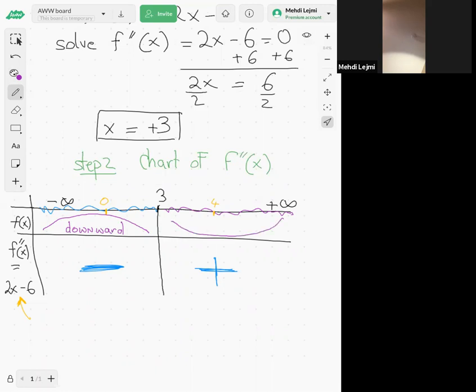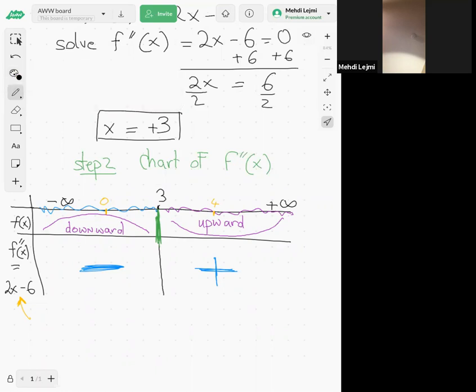At positive 3, you change the direction of concavity. You go from concave downward to concave upward. So positive 3 is an inflection point.